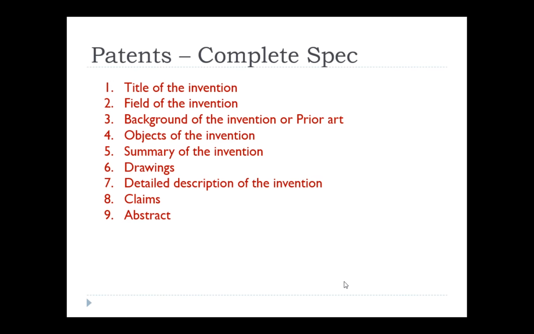And as I keep mentioning, for a complete specification, the claims are most important, right? And here there are different types of drafting claims. I'm not going into detail about all the types, but I want to highlight two main types. One is the independent claim, and the other is the dependent claim.